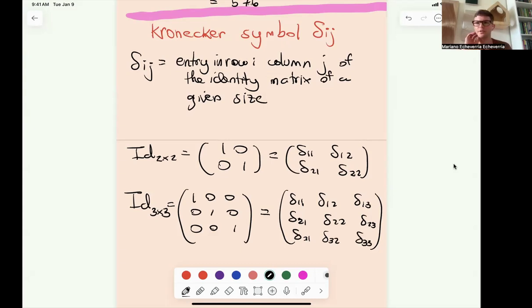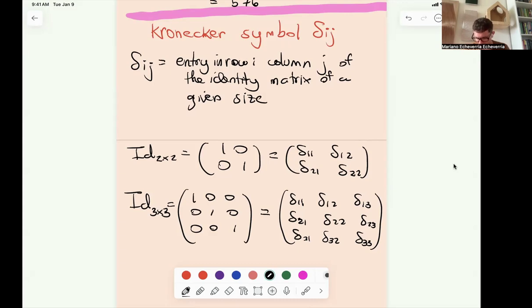So the Kronecker delta, sometimes also called the Kronecker symbol, is just a way to refer to the entries of the identity matrix. In practice, you think about it more concretely, because the values are either 1 or 0 for the identity matrix.